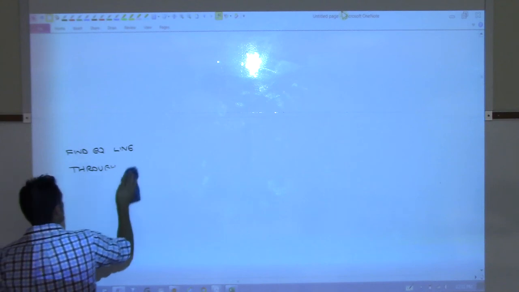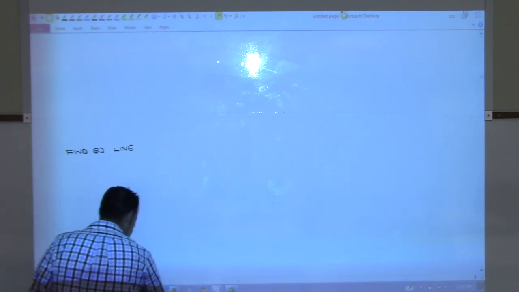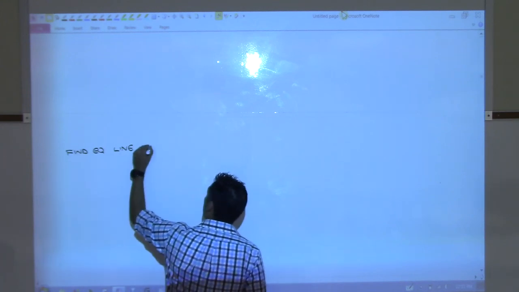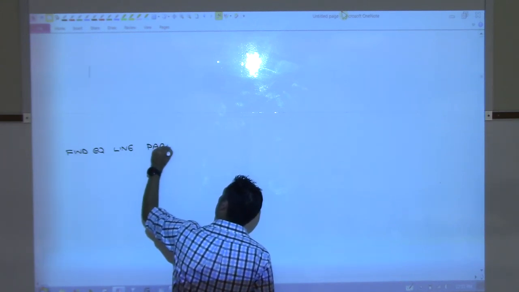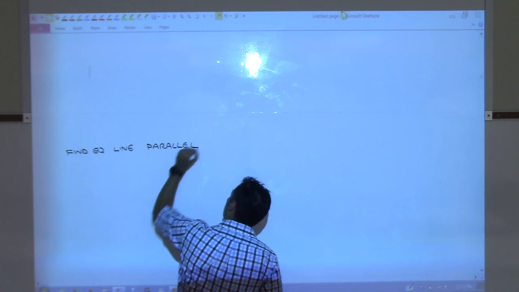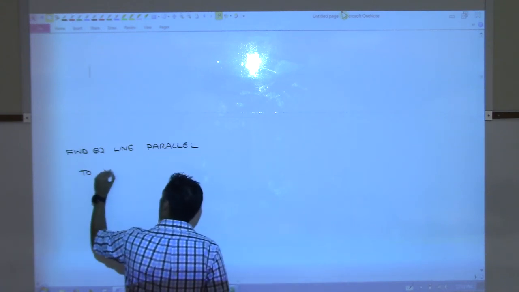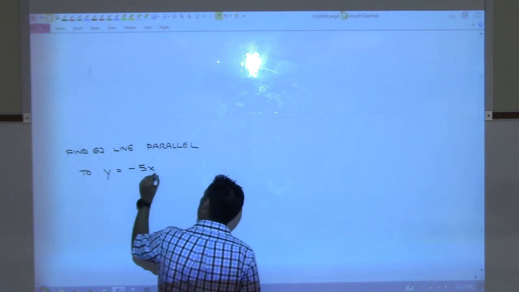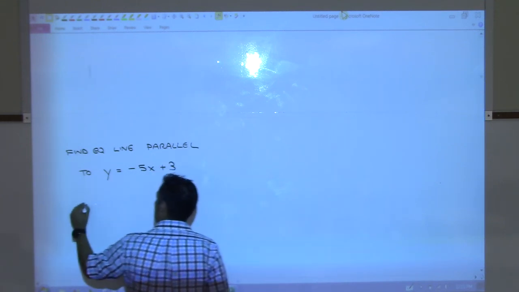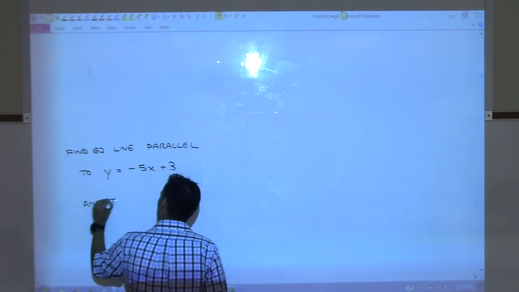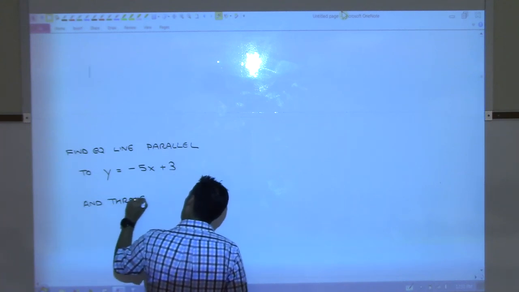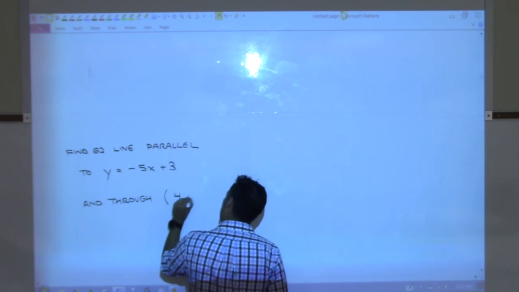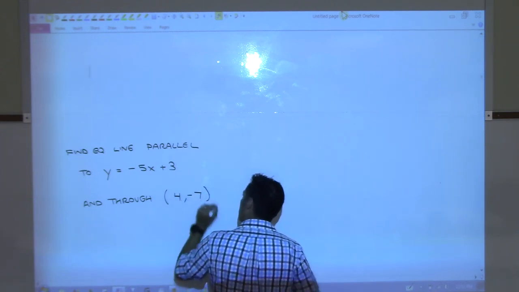All right, how about this? Find the equation of the line. You ready for this? Find the equation of the line parallel to y equals negative 5x plus 3 and through the point 4, negative 7.